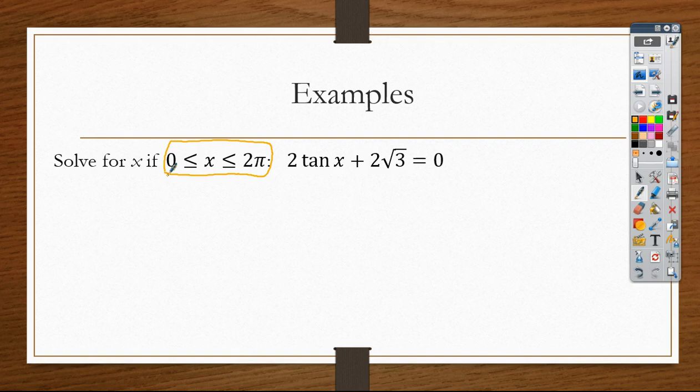So again, I want to treat tangent of x as a big giant variable that I'm going to solve for. That's my first step. So I'm going to subtract 2 square roots of 3 from both sides. So 2 tangent x is equal to negative 2 square roots of 3. Divide both sides by 2, and I get tangent of x is equal to negative square root of 3.